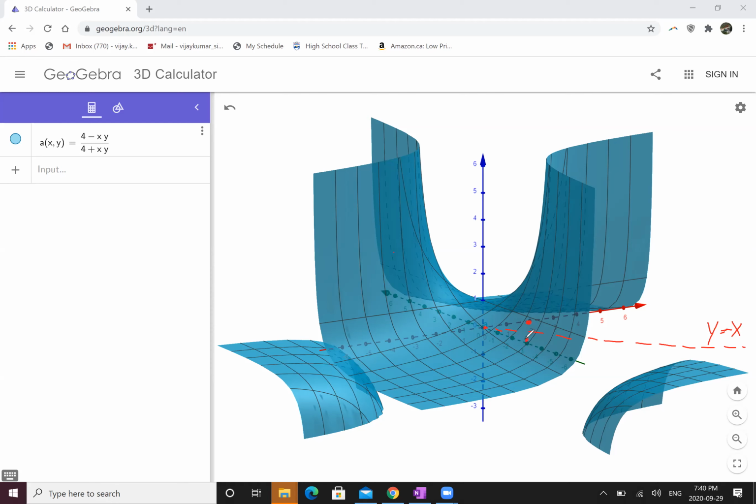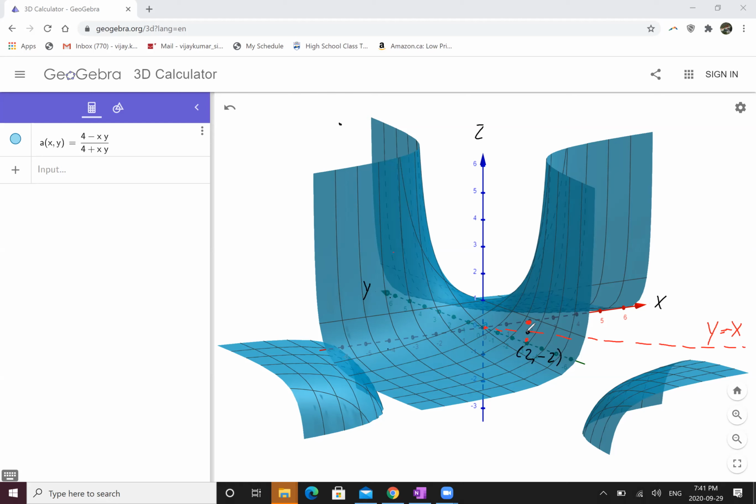So let's mark that point with a different color pen. 2, minus 2 is this point, right? Because this is your positive direction of the x-axis, this is the y-axis, and then the z-axis is above.